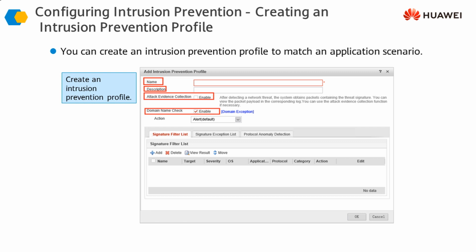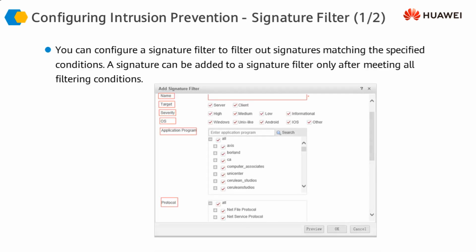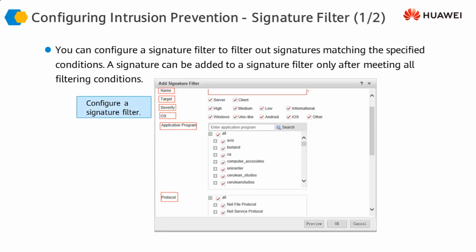In order to create a signature filter list, we click add here, and once we click add, we can add different signatures into this signature filter. We name this filter list, signature filter list, whatever name we want to give.